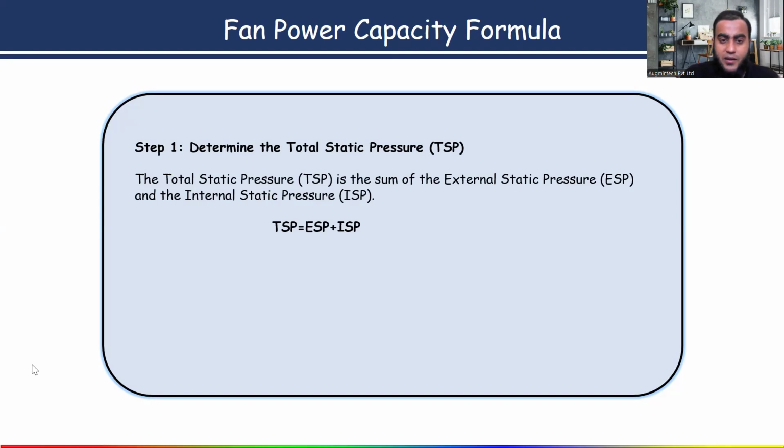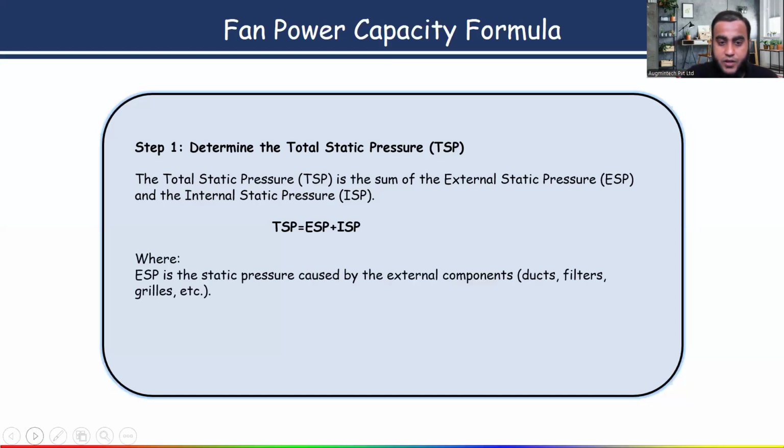Total static pressure means the sum of the external static pressure plus the internal static pressure. Clear? As I told you, the internal static pressure value you will generally get from the manufacturer side, and the external static pressure we have to calculate as an HVAC designer. I will explain how to calculate that. So this is the first step.